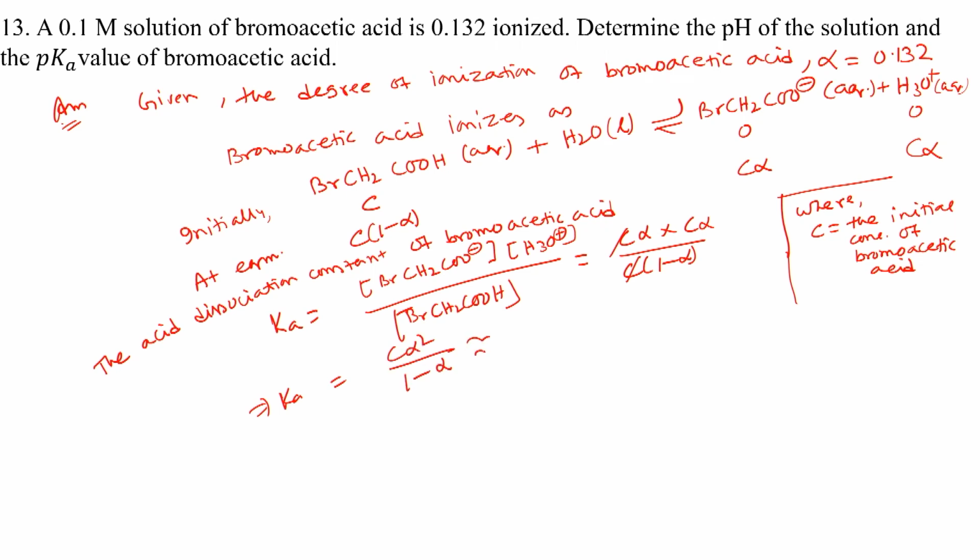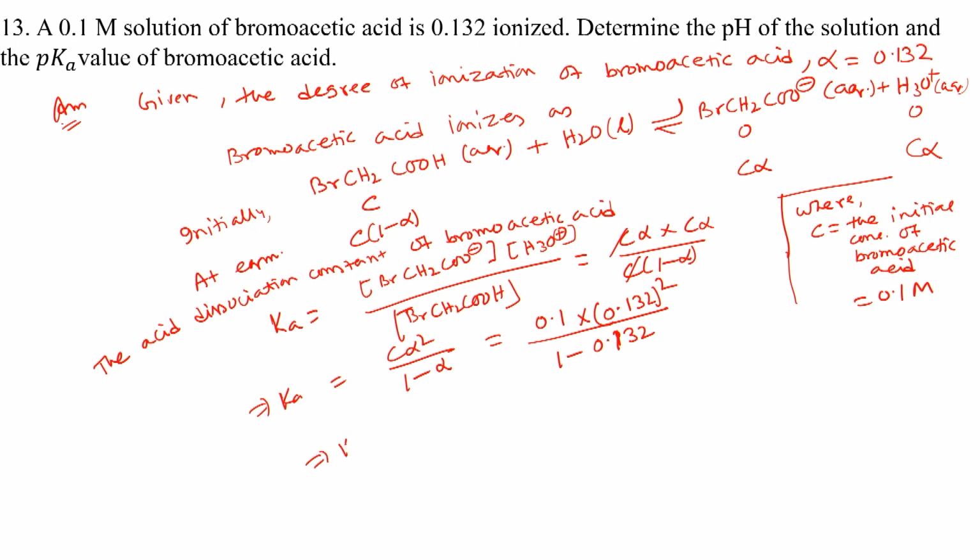So if we substitute the values, C is 0.1 molar, alpha is given 0.132 squared, and then 1 minus 0.132.